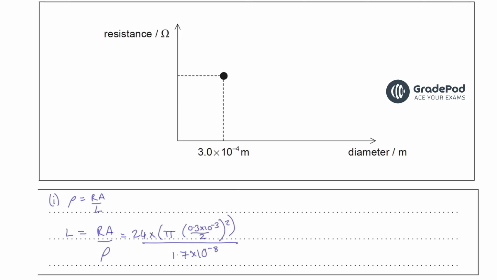And our solution, let me get my calculator out, is 99.7 meters. Now, how many significant figures are we going to give this to? I think it's okay to leave it at that. That's fine. Okay, so that's point 1.